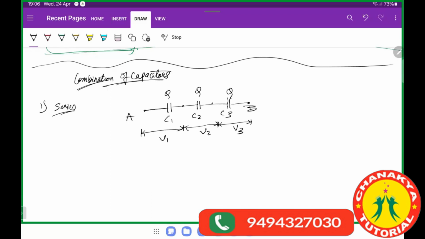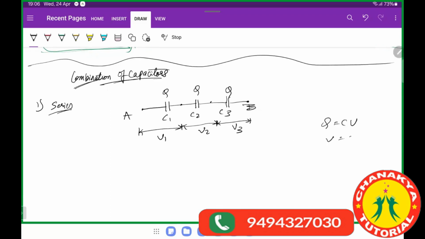So here V1 plus V2 plus V3 will be the total V. And Q equals CV, so V equals Q by C. The charge is the same for all three. So the formula you get is V1 plus V2 plus V3, that is, Q by C equals Q by C1 plus Q by C2 plus Q by C3. So it will be 1 by C equals 1 by C1 plus 1 by C2 plus so on.